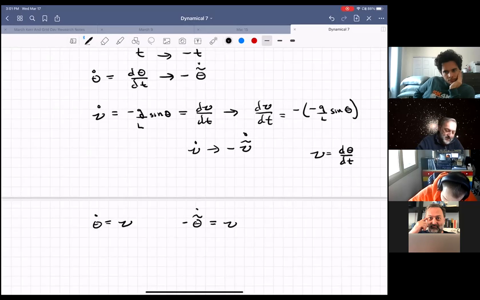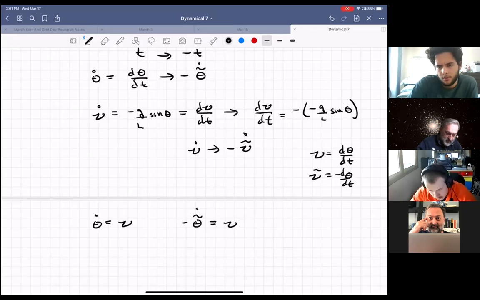Nu is d theta dt, right? So nu twiddle is minus d theta twiddle dt.